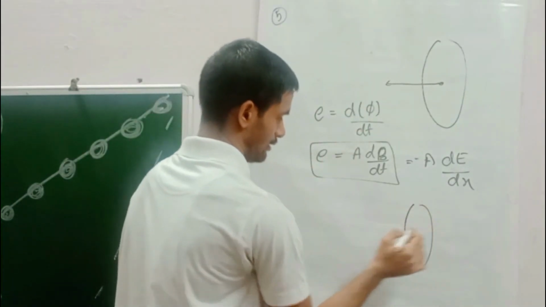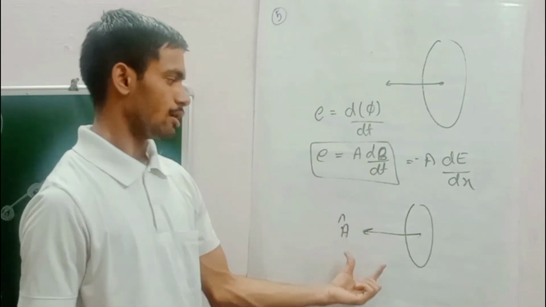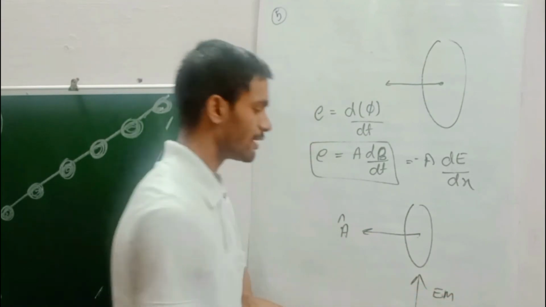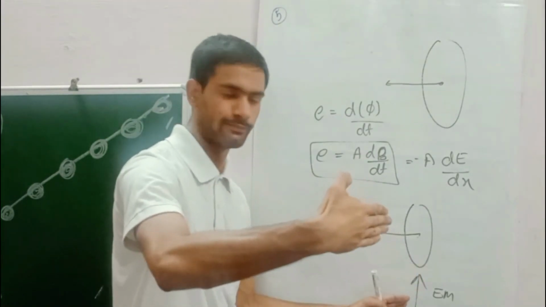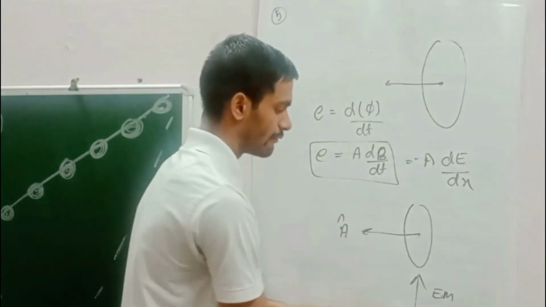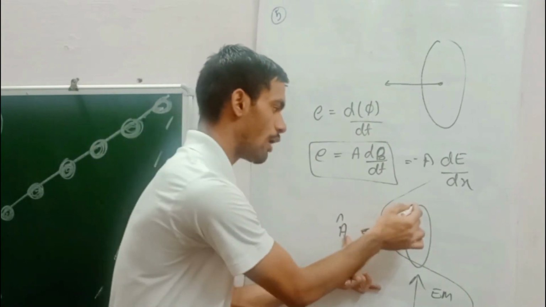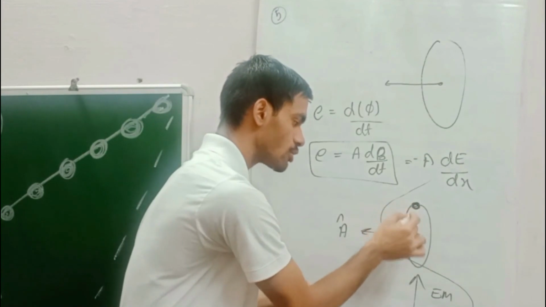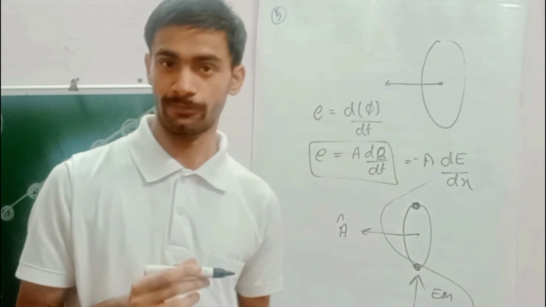Again, taking this one, we have lambda and its area vector. If I have an EM wave traveling this way, this could be the direction of the electric field and this would be the direction of the magnetic field. Whenever magnetic field linkage is there, there would be a change like this. I need to develop a potential difference across these two ends in order to extract the current and measure it.